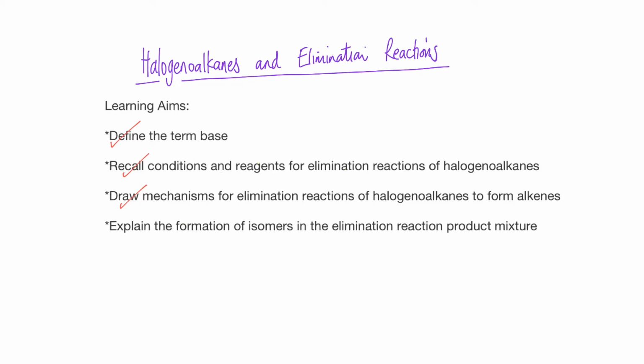Arrows always start at a lone pair or at a bond. And finally, you can explain the formation of isomers in the elimination reaction product mixture. So it all depends upon which hydrogen is initially removed by our hydroxide ion, which is acting as the base. So if you can do all that, that is fantastic. Give yourself a smiley face. Well done.